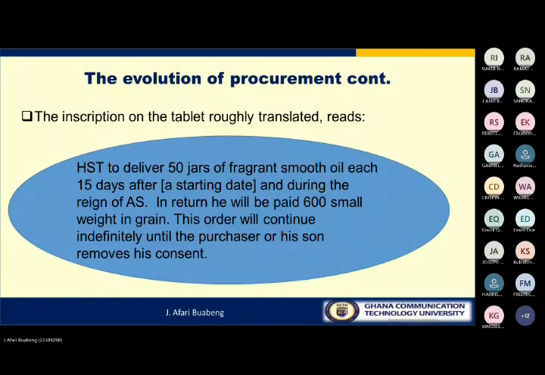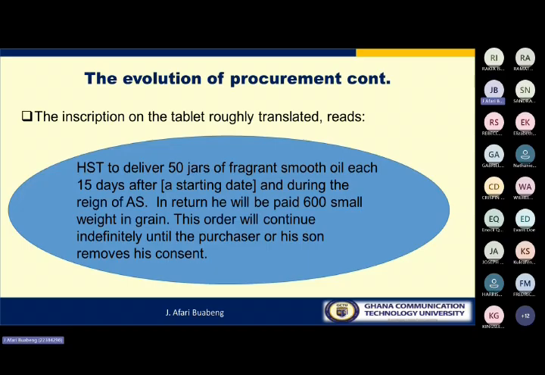The cuneiform tablet had this inscription: HST, to deliver 50 jars of fragrant smooth oil each, 15 days after. So there was a starting date. And during the reign of AS, that is the leader at the time. In return, he, so the he here is representing who? The supplier.